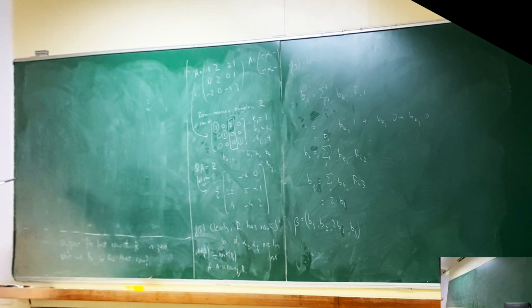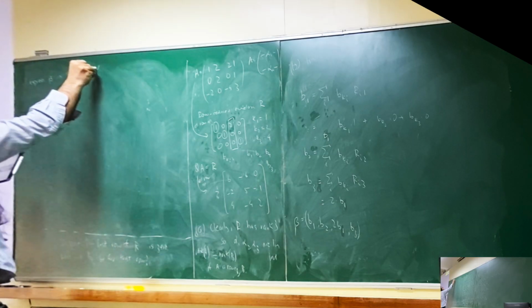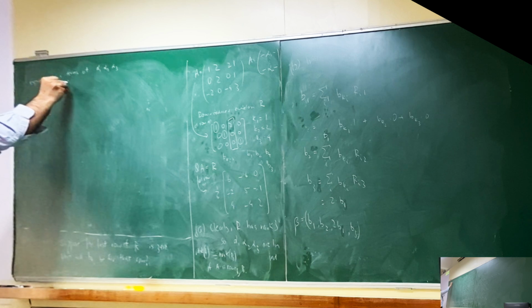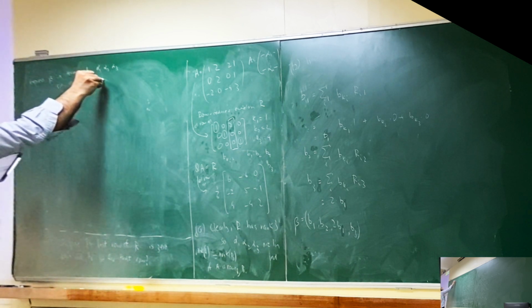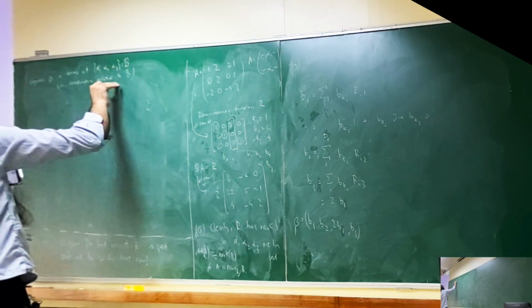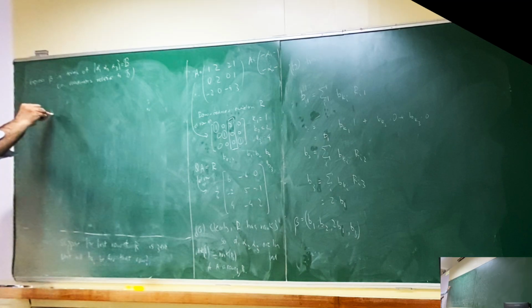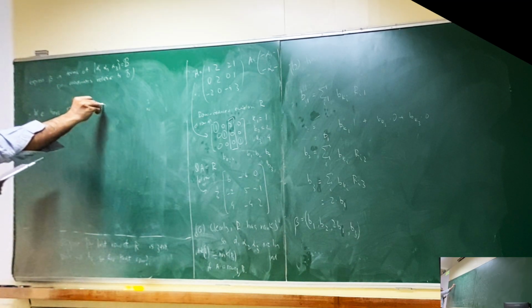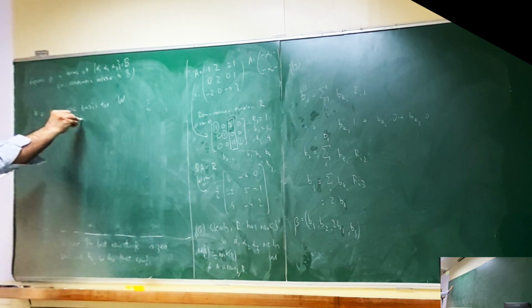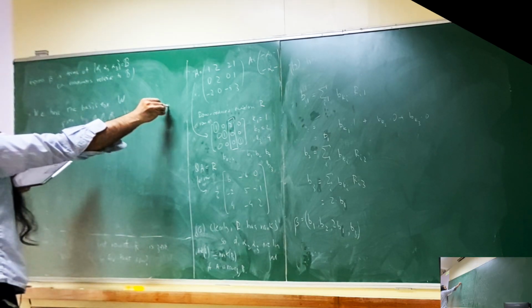So now we want to express the subspace given by row 1, row 2, row 3, the row vectors.